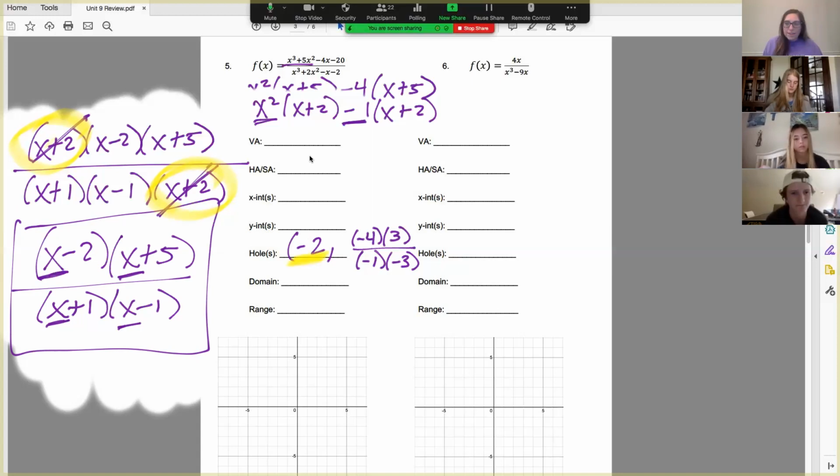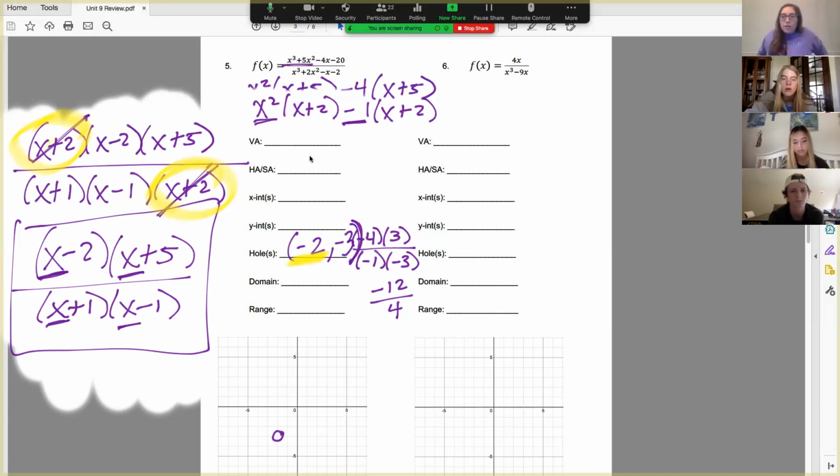And then to find the y value, I plug that in. If I simplify this, I get negative 12 over 4, which would be negative 3. So my hole is at negative 2, negative 3, which is right here.